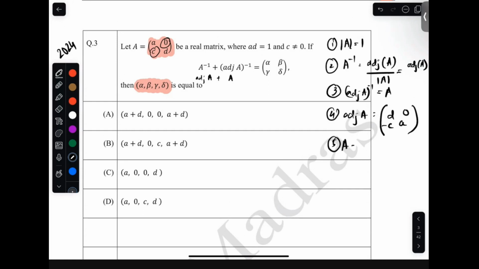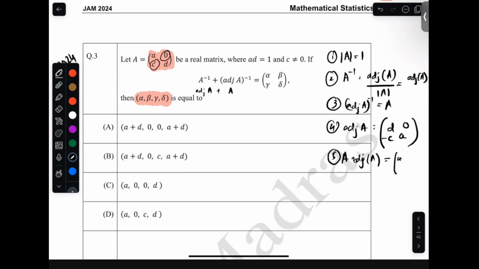So A plus adjoint of A will become, what? You can see that A plus D, 0, 0, and then A plus D again here because it just got replaced. So the answer is this, right? Alpha is equal to A plus D, beta and gamma will be 0, and delta will equal A plus D.